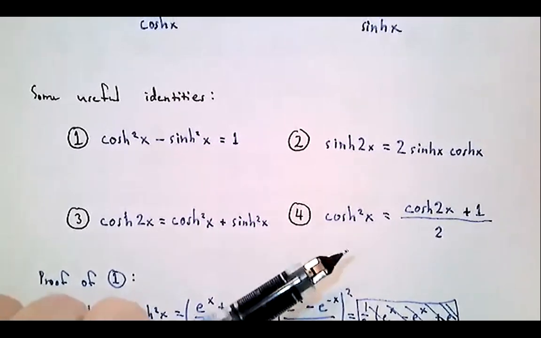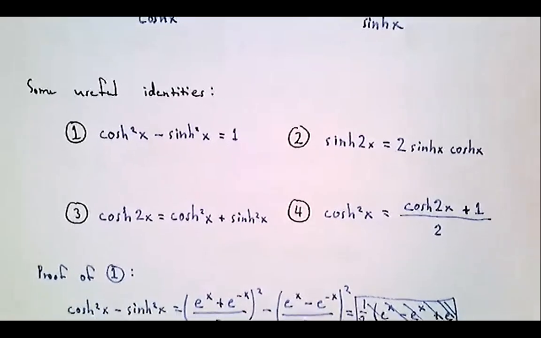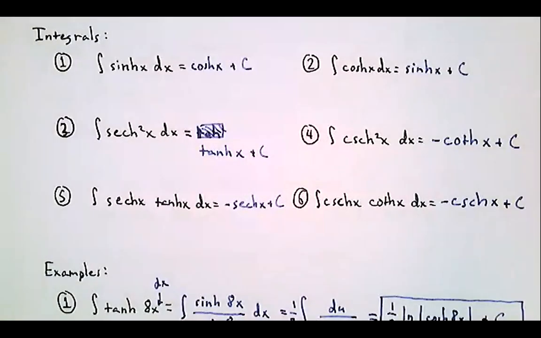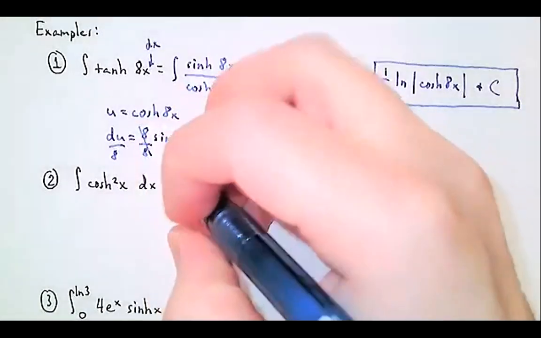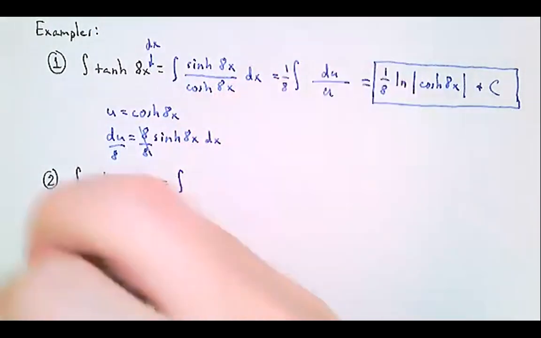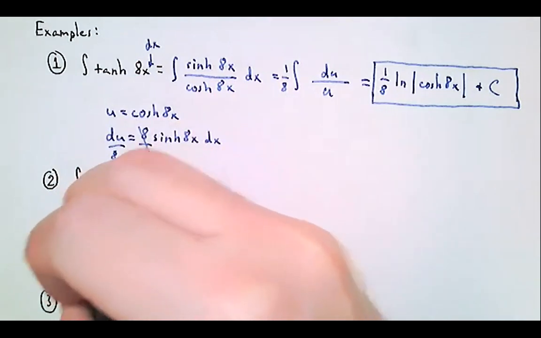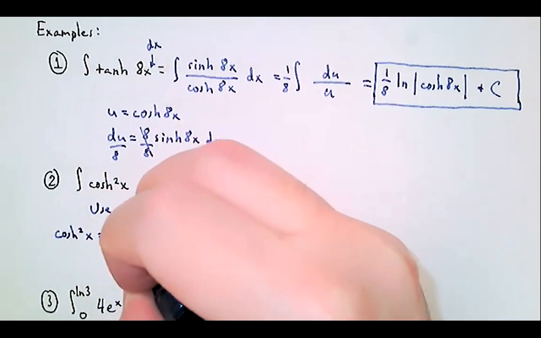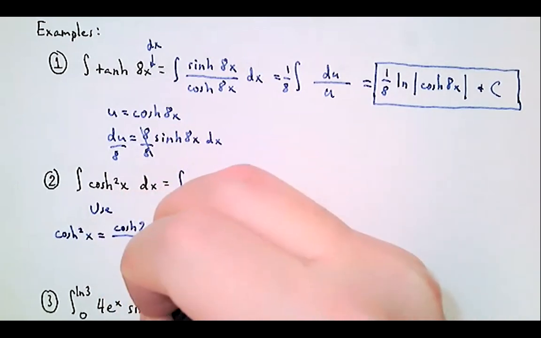We're going to rewrite cosh squared as cosh of 2x plus 1 over 2. And we will be able to find the integral of the right side much easier. Maybe I'll write that rule down here that we're using. Use the fact that cosh squared of x is equal to cosh of 2x plus 1 over 2.